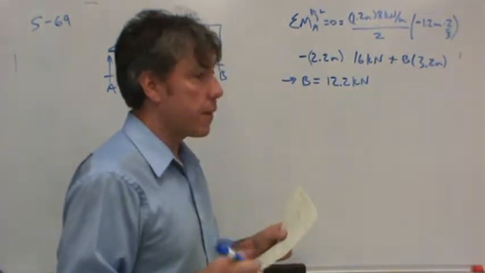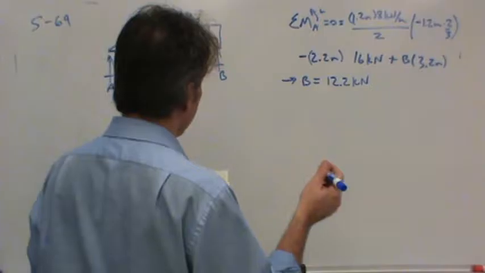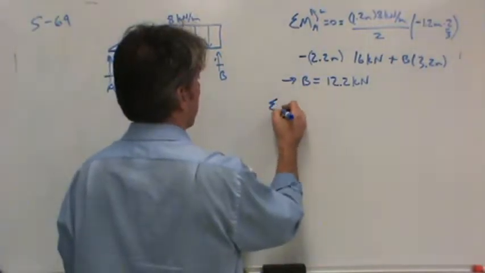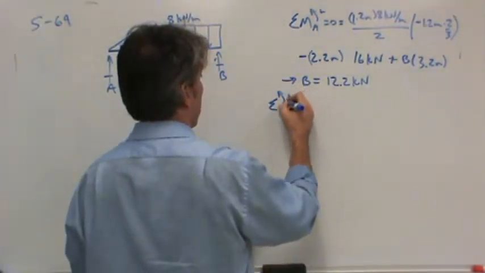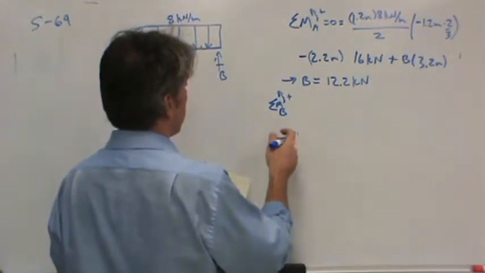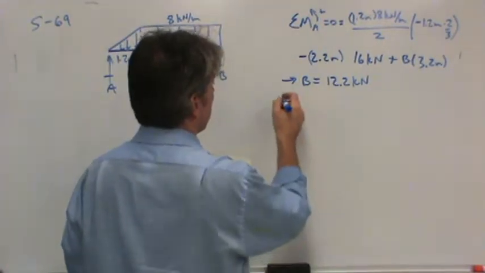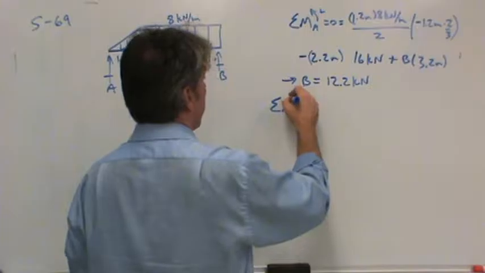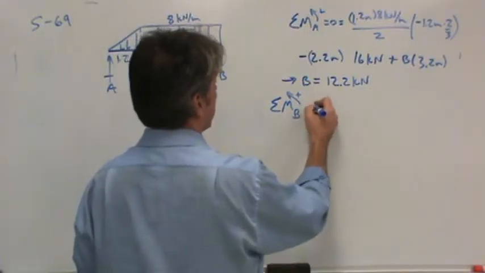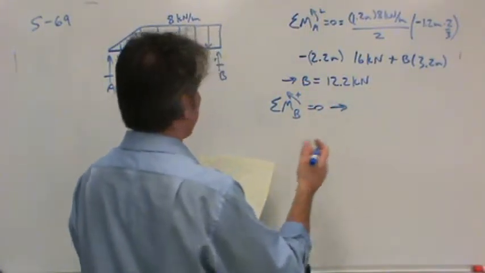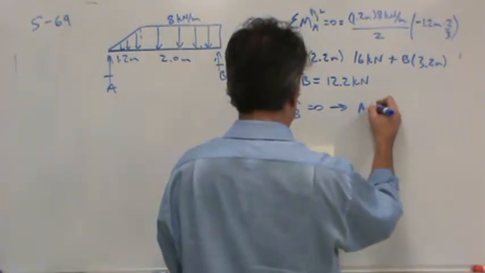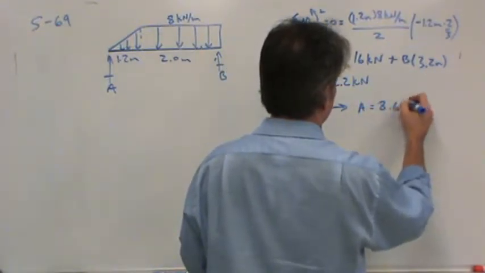Okay. And then, if we do the same thing, sum moments about B, taking counterclockwise as positive, we should get 0. And of course, what you end up with is the reaction at A. When I did that, I found that it was 8.6 kilonewtons.